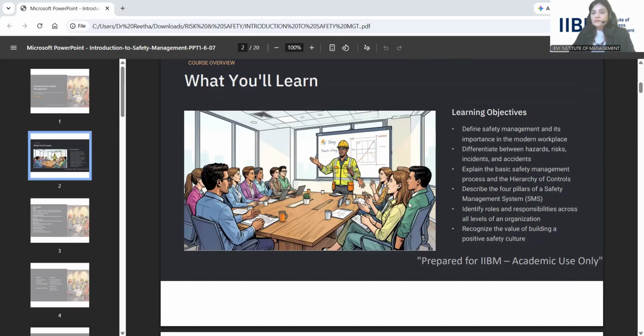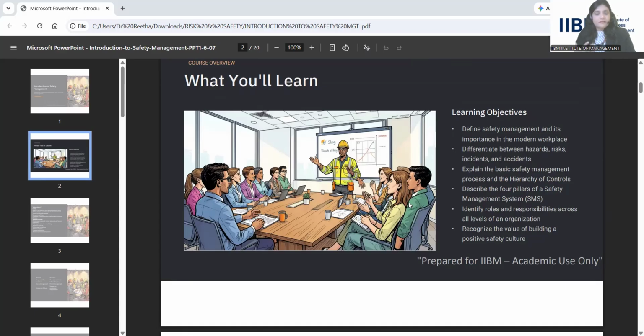And how is it possible for us to describe the four pillars of safety management system, which is of highest importance, we know that, and identifying the roles and responsibilities across all levels of an organization, and recognizing the value of building a positive safety culture, which is also very, very important for each and every one of us.